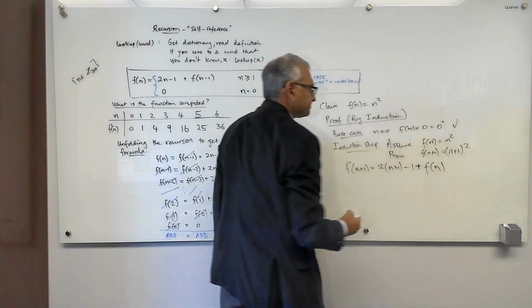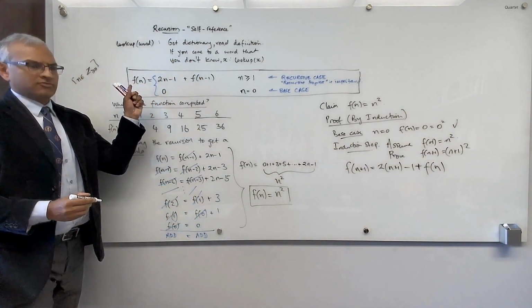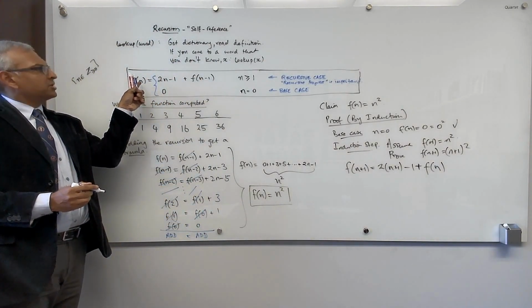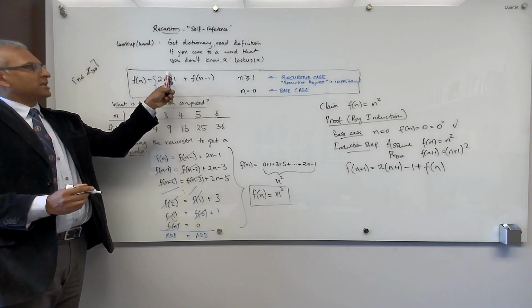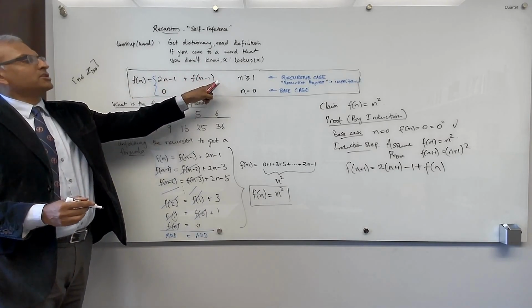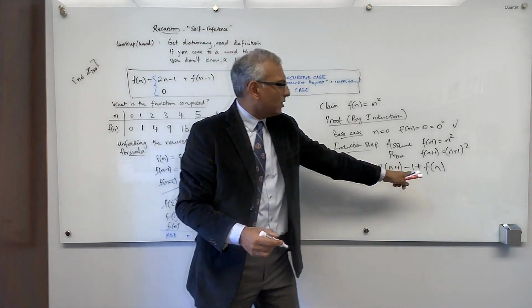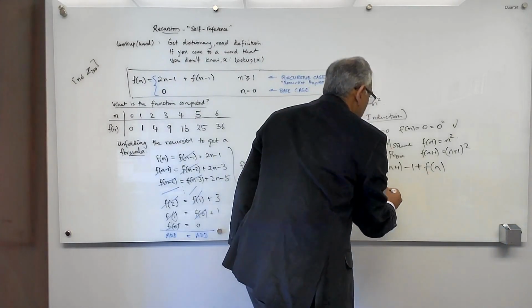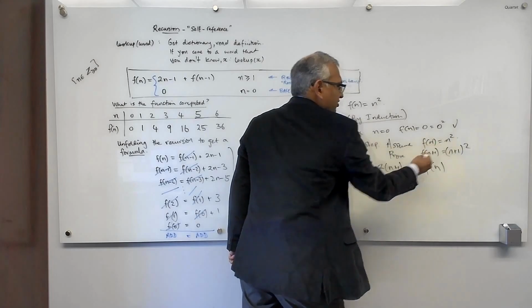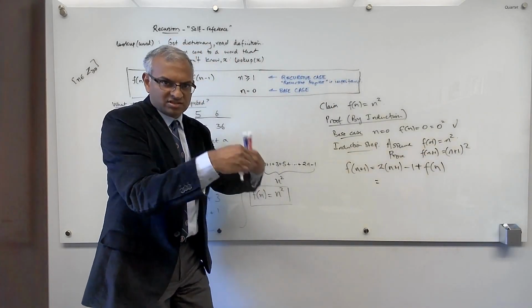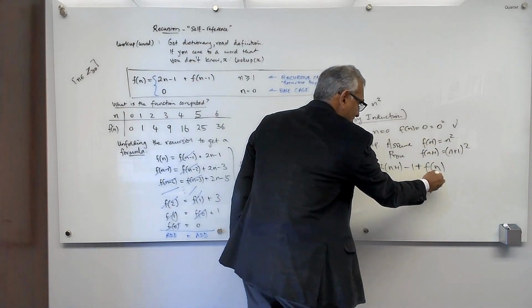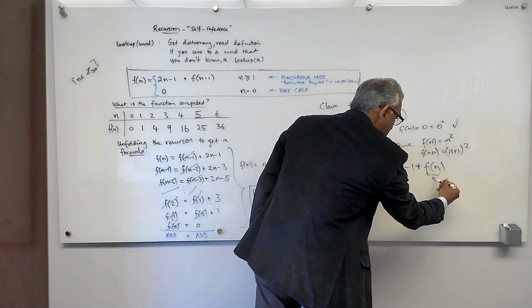So if I plug n plus 1 into my recursion, I get 2 times n plus 1 minus 1 plus f of n plus 1 minus 1, which is f of n. I can compute f of n plus 1 if I know how to compute f of n. But by my induction hypothesis, this is the mechanics of induction, I got to assume that this guy is n squared.